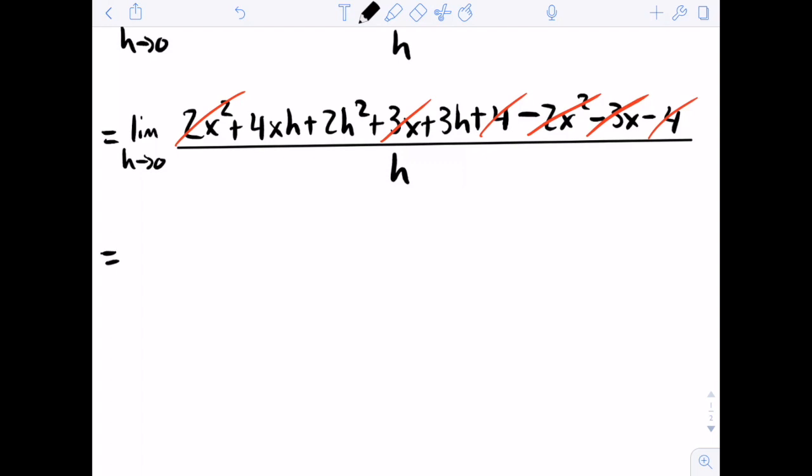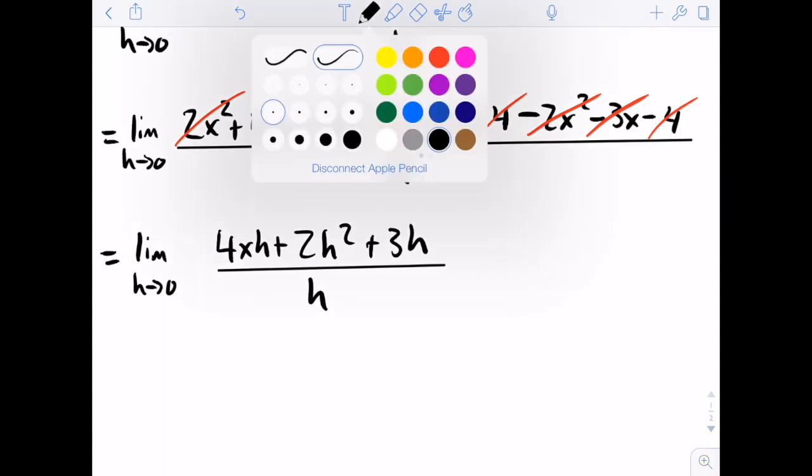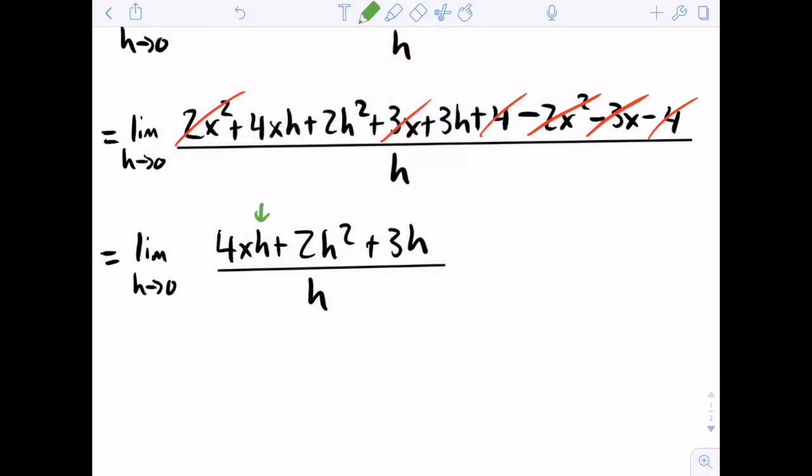So we'll rewrite this as 4xh plus 2h squared plus 3h all divided by h. Now, I want you to notice that you've got an h here, an h squared there, an h here, and an h here. So there's an h in every single term.